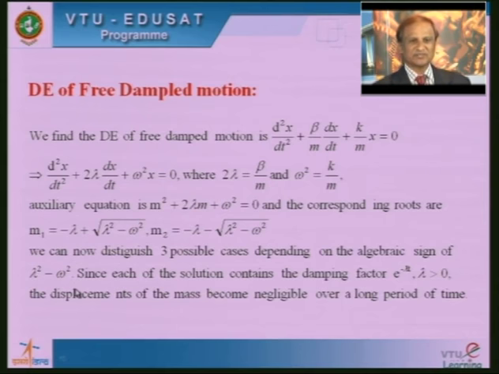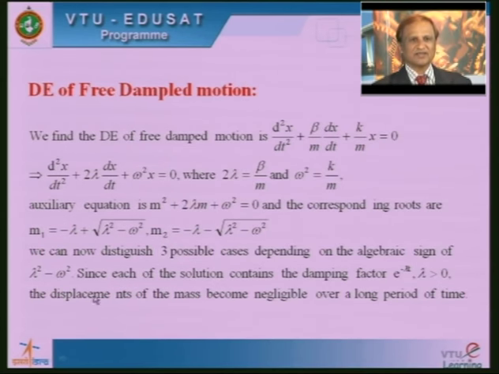If it is greater than 0, I have to think what type of roots I will get. I have already explained. If it is less than 0, what type of roots I will get. And sometimes it may be equal to 0, then what type of roots we will get.